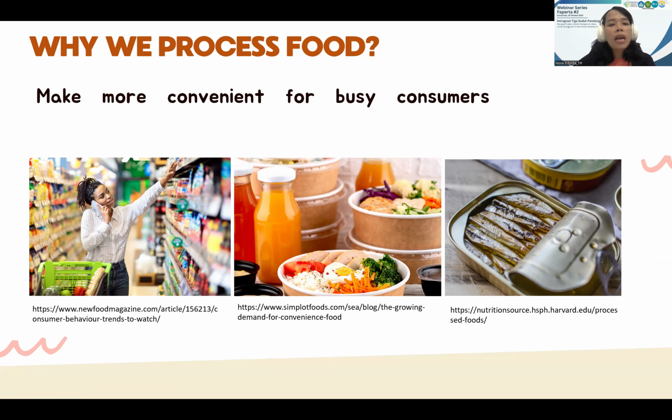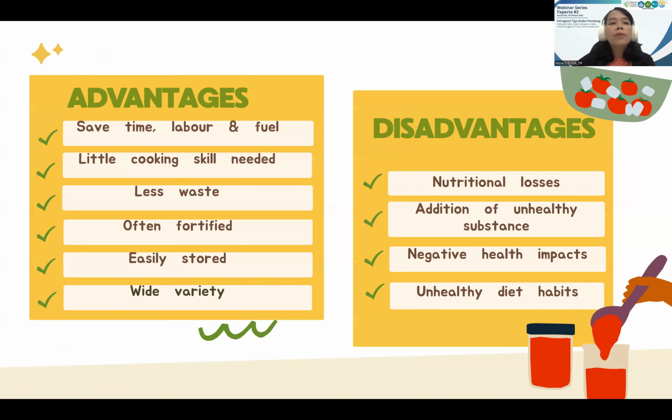They buy canned food or processed food and just reheat it in the microwave, or maybe they keep it in the freezer and then reheat it and enjoy it. It's very convenient for busy people, for example, people who live in the town or in the city.